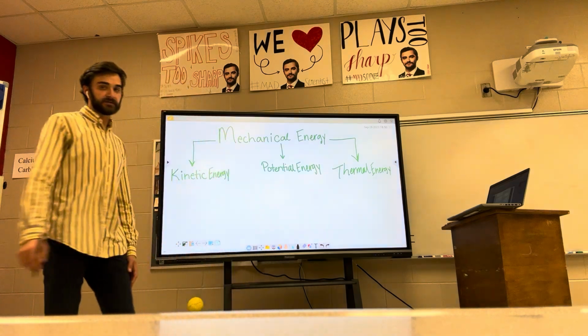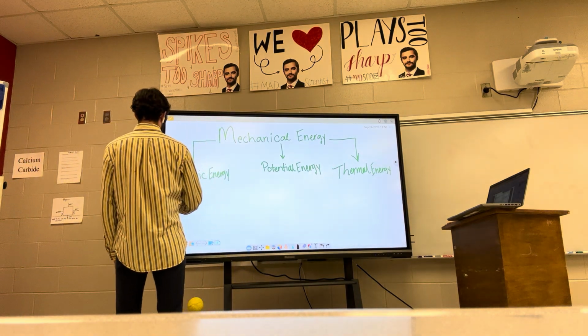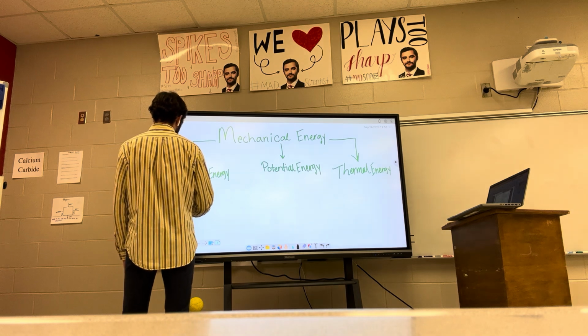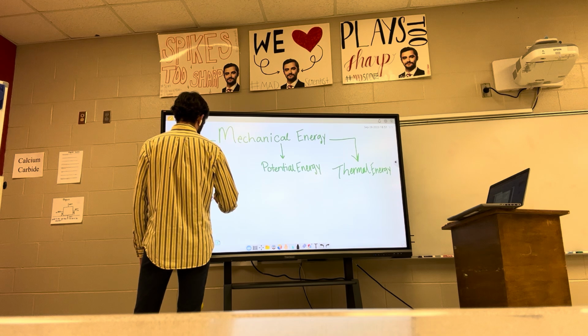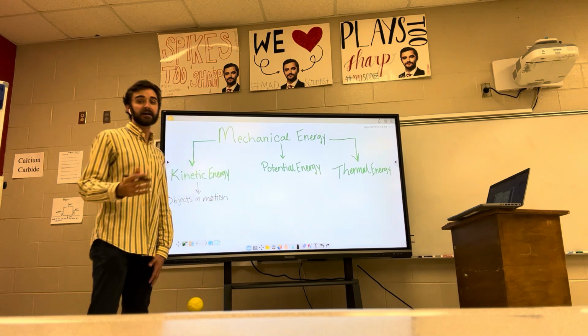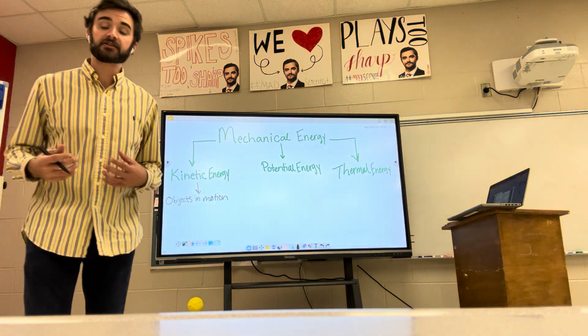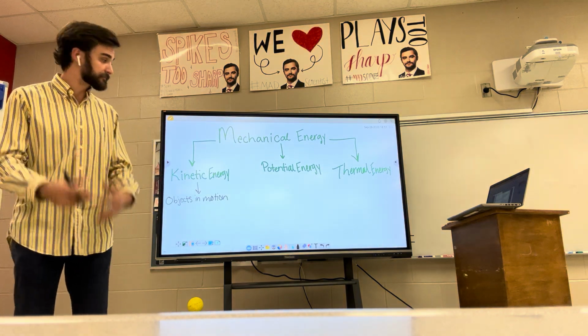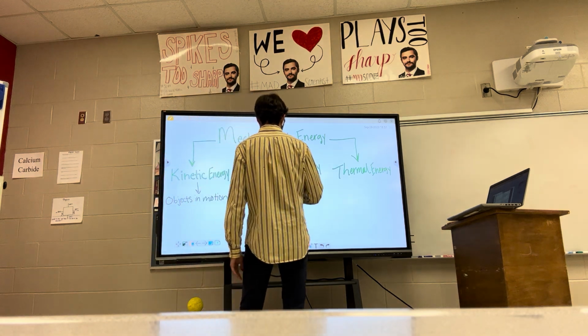Kinetic energy deals with those things that are in motion. So objects in motion, actively moving, things that are changing position, have velocity, are experiencing kinetic energy. That is the energy output of something in motion. Vice versa, potential energy is kind of like its opposite.